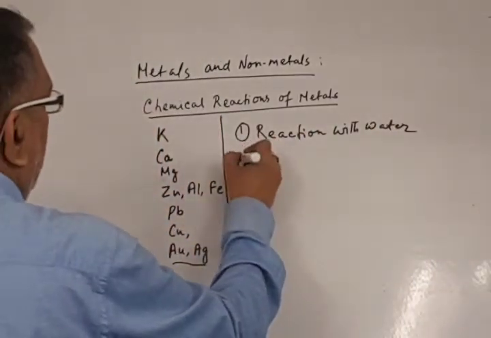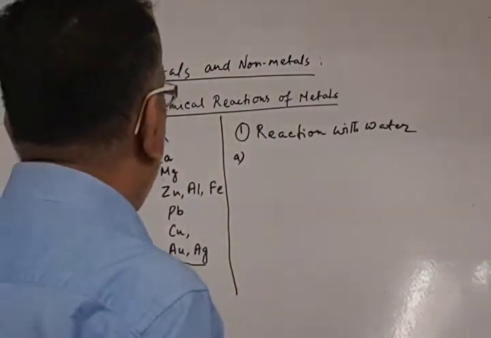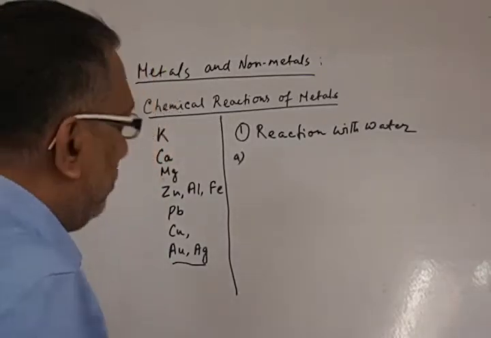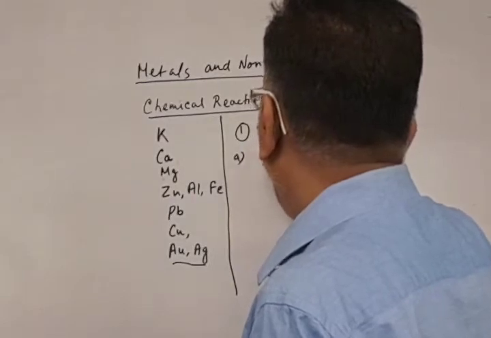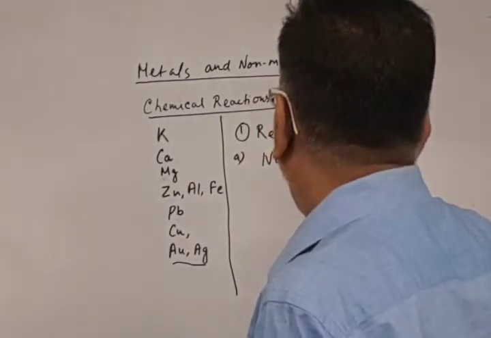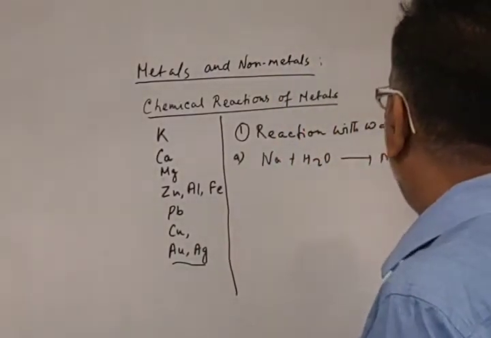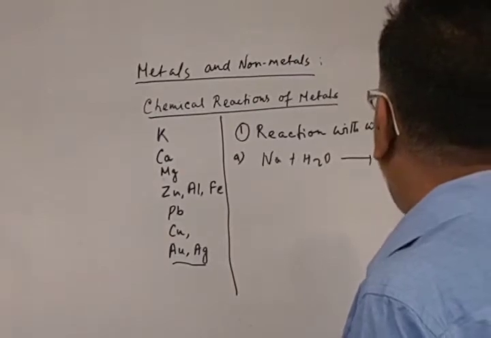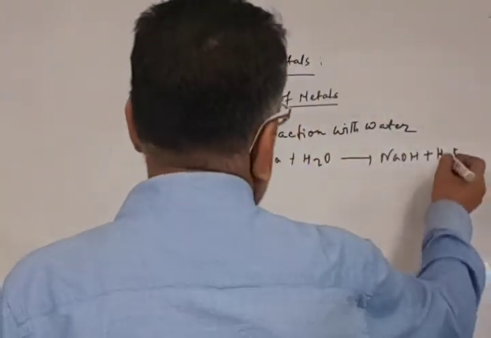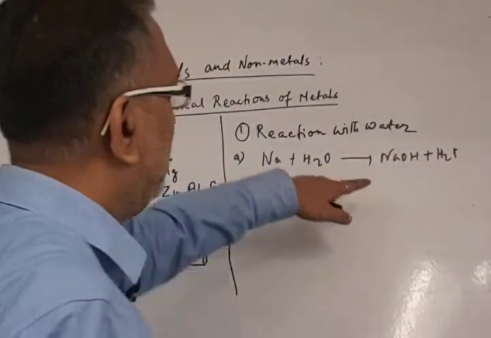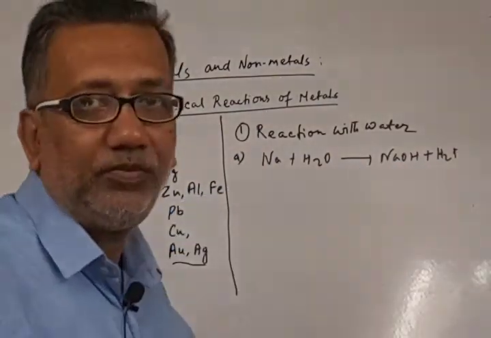If we add sodium or potassium to water, a vigorous reaction takes place. Sodium plus water reacts to form sodium hydroxide plus hydrogen gas, and this reaction is highly exothermic, and sometimes the gas burns and catches fire.